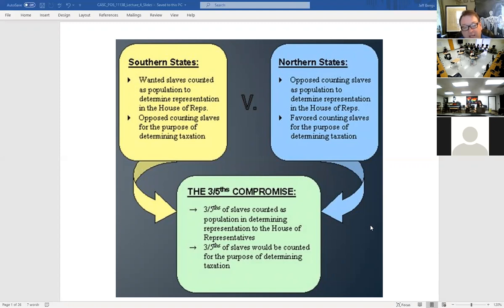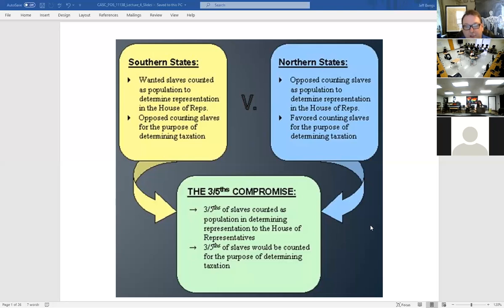But what this is going to illustrate is that our country basically was founded with already a division based on slavery. Slavery really has been, and always has been, part of the DNA of the makeup of our country.